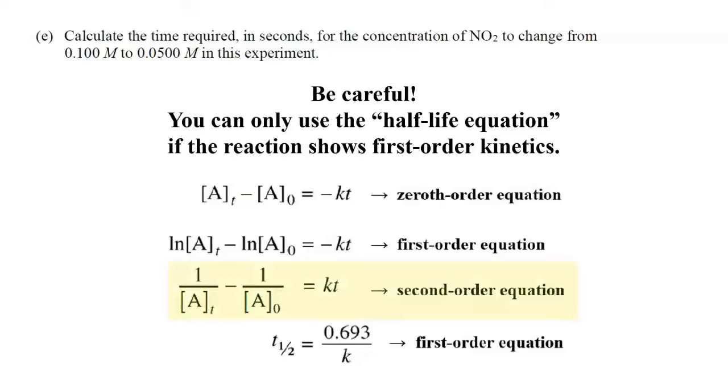Even though this looks like it might be a half-life question, you have to use the second-order equation to do the math in this problem. So again, be careful that you don't just automatically pick up the half-life equation, because that would be the wrong equation to use. So I've got my rate constant from part D, which is 0.12 inverse molarity, inverse seconds.